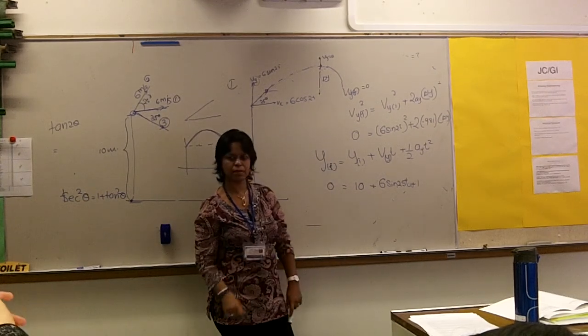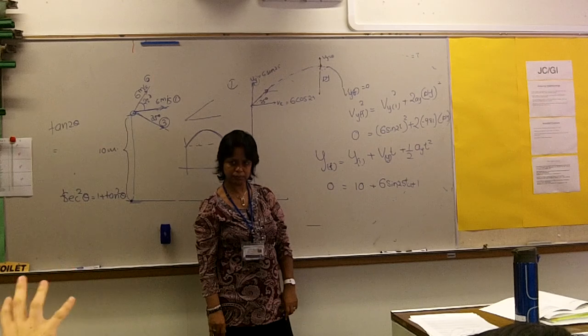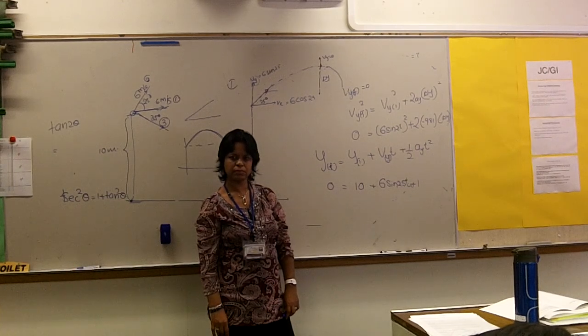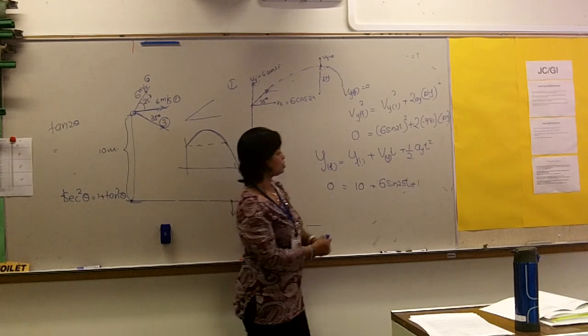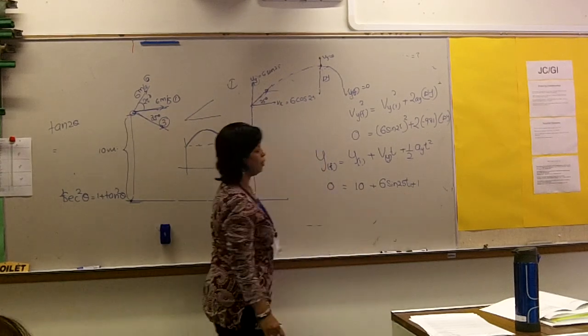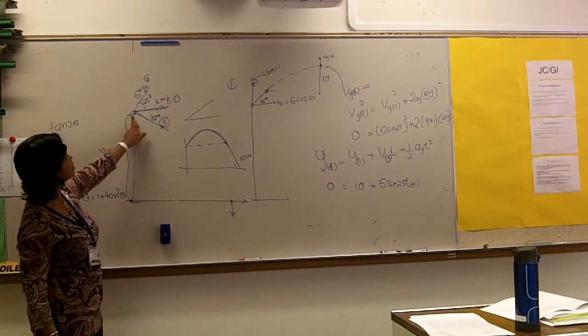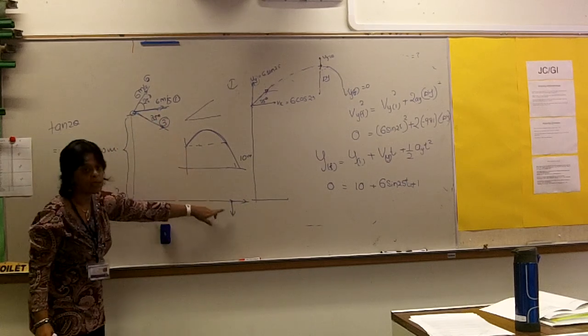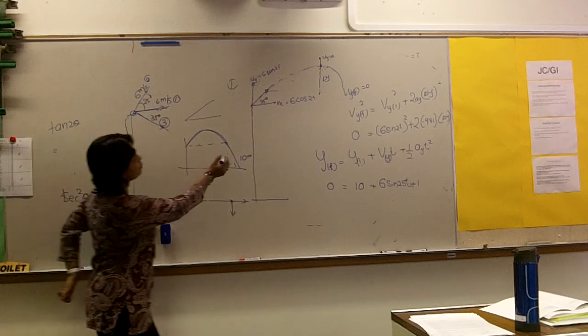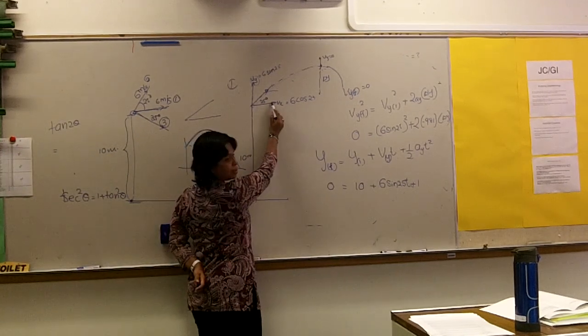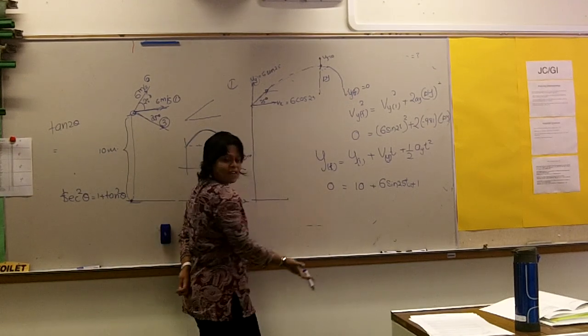The reason why you do 6 sine 25 and 6 cosine 25 is you're breaking it into y and x components, okay? So we can also use the x component to check where it hit, right? Can you see the x component here? If you take the x component, do you have acceleration there?